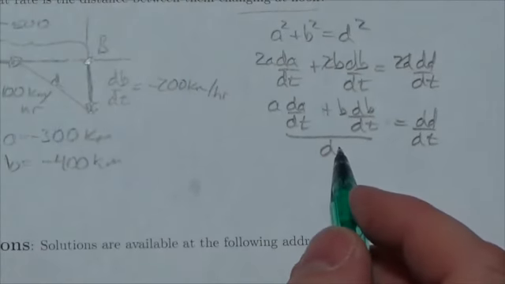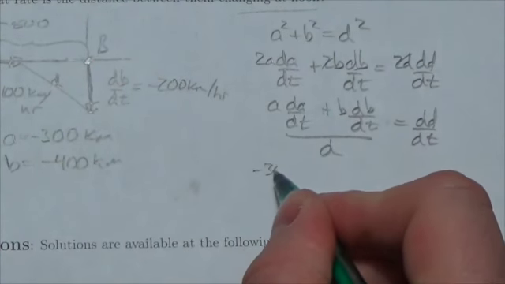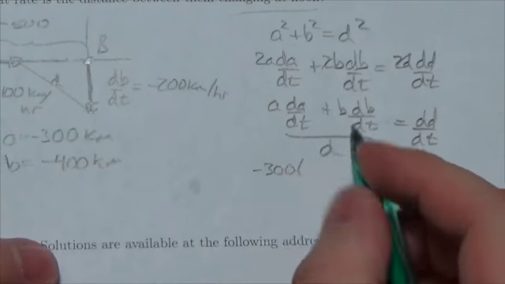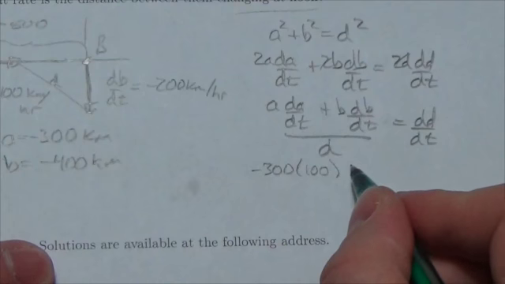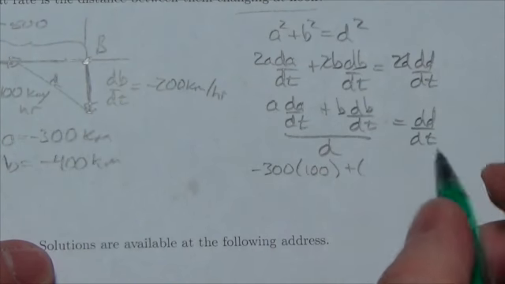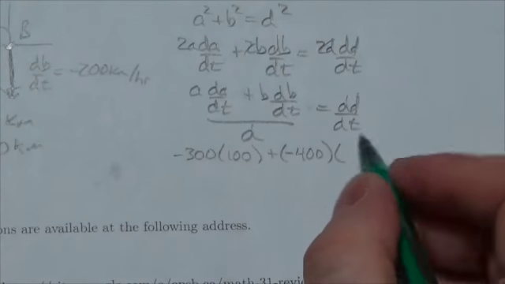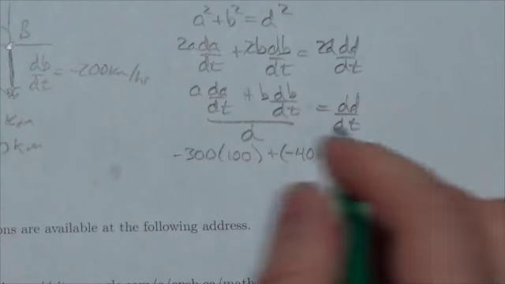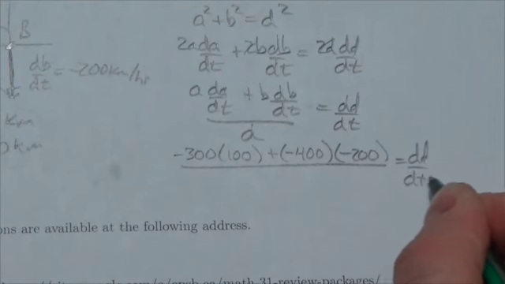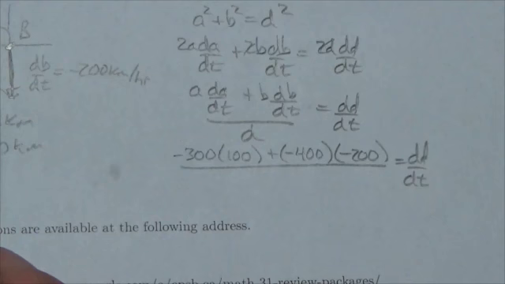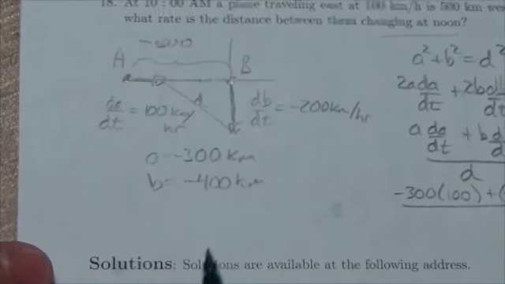So now I can plug that information into this equation. This is going to be negative 300 times the speed, which is positive 100, plus b, which is negative 400, times its speed, negative 200, all over d. I haven't figured out the distance between them yet, but the numbers were chosen on purpose.